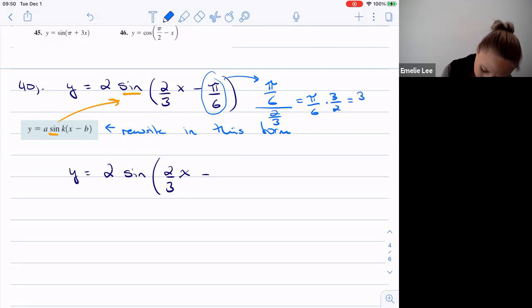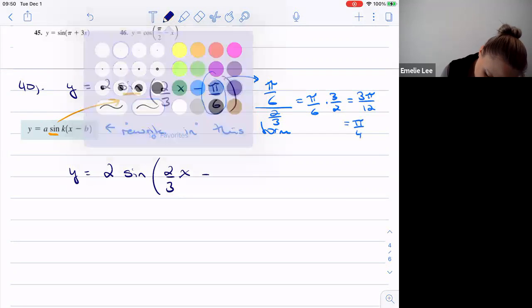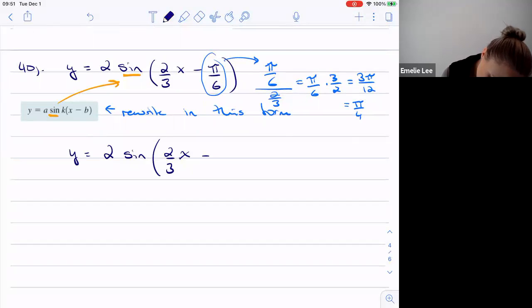So then I get 3 pi over 6 times 2, 12, which I can just reduce to pi over 4. So here, this becomes 2/3 times pi over 4.